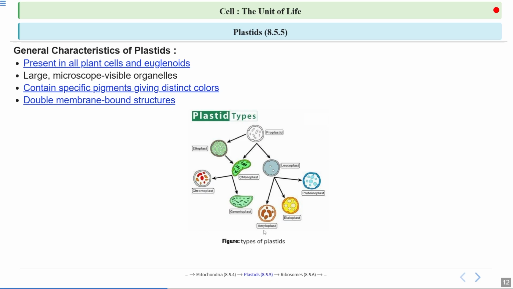Leucoplast is of three types: amyloplast, elaioplast, and proteoplast. Chloroplast is of two types: chromoplast and gerontoplast. So these are the types of plastid. We'll discuss some of the plastids here.